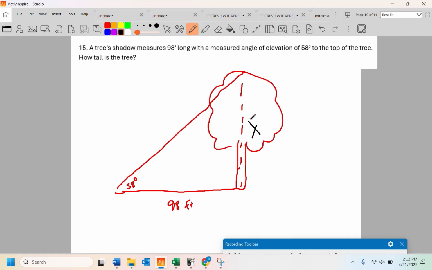There we go, x. X is the opposite side. It is opposite of the angle. 98 is the adjacent side. Now, I taught trig for years, and I do it every single year. When it comes to SOHCAHTOA, the issue kids have is picking out the adjacent side. It is always the issue.